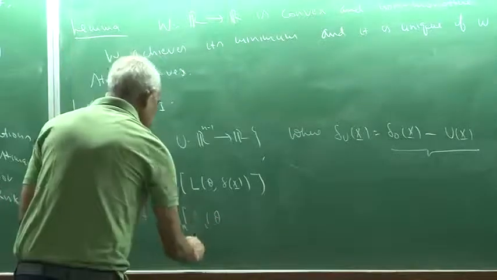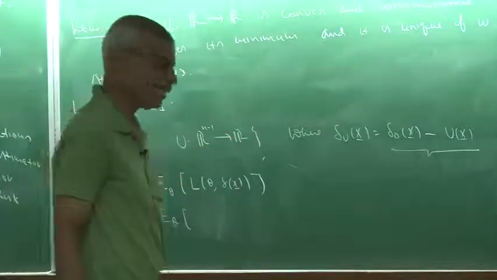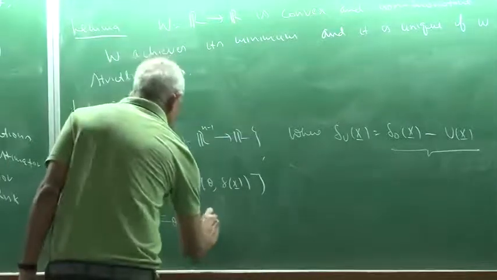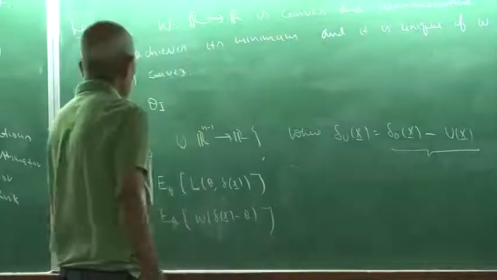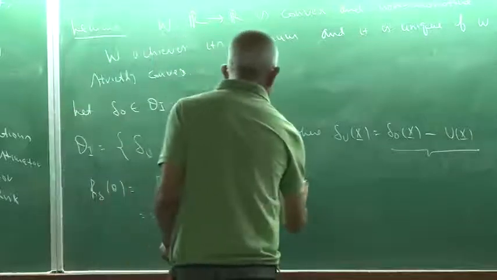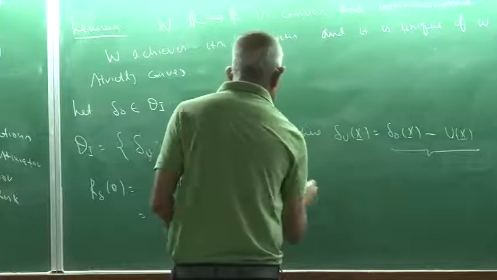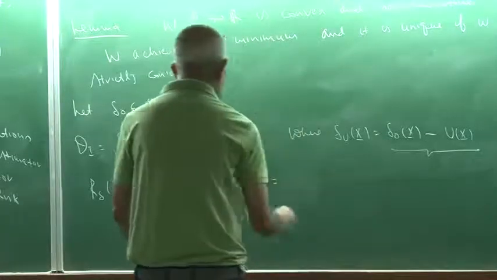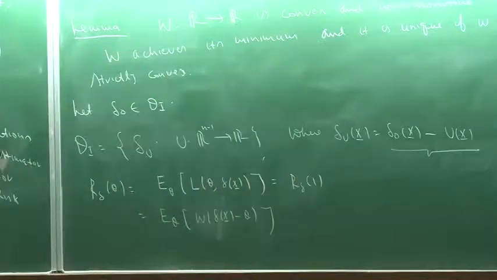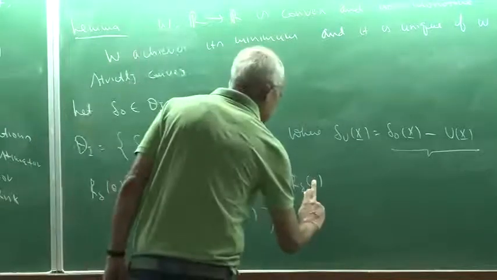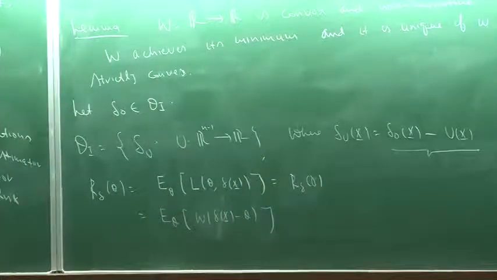My loss function L theta is nothing but W of a minus theta. So this is the same as W of delta x minus theta. In fact, the risk of any invariant estimator is constant. So R delta theta in fact is the same as R delta 0, that is, the risk at point 0, because the risk no longer depends on theta.